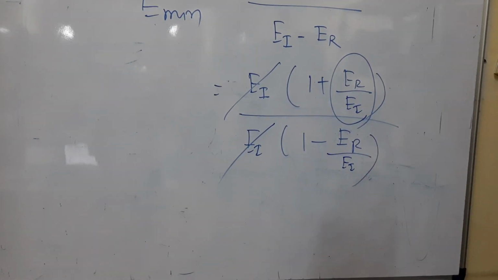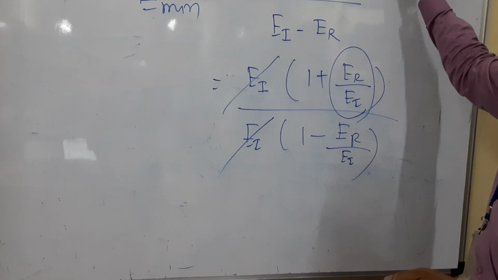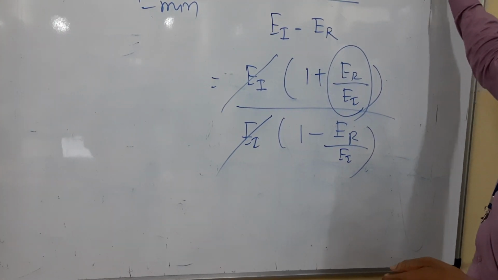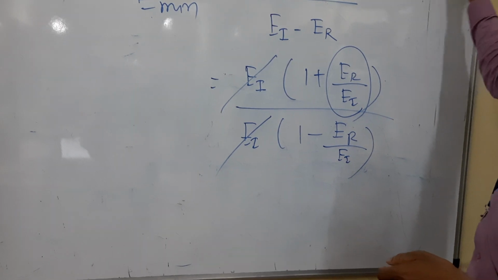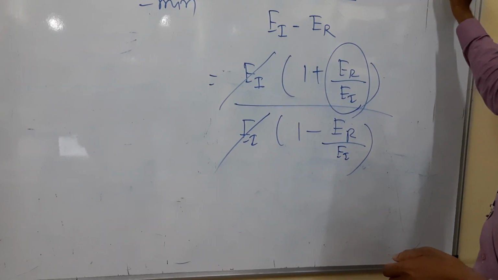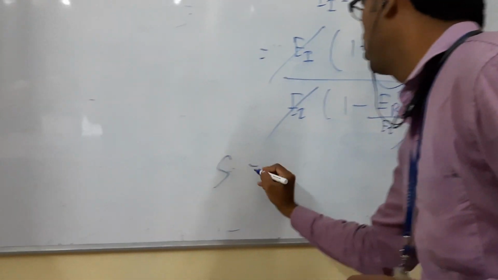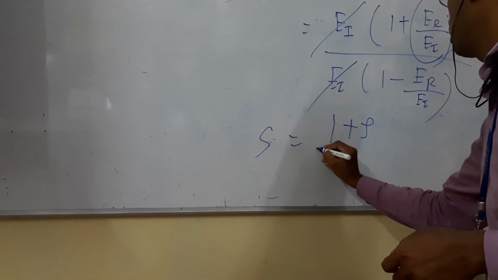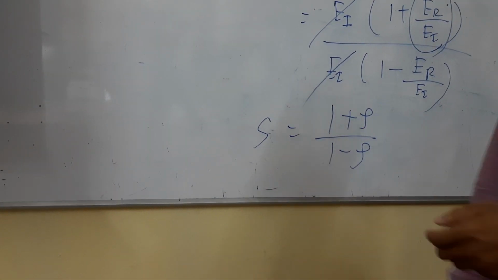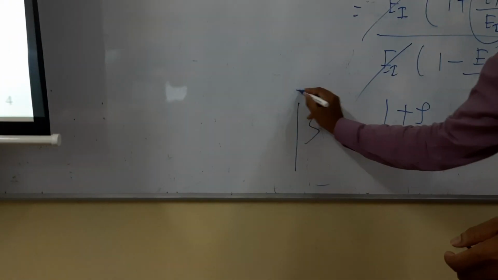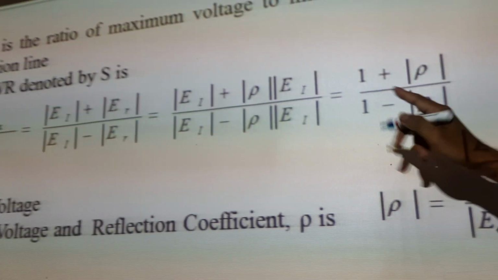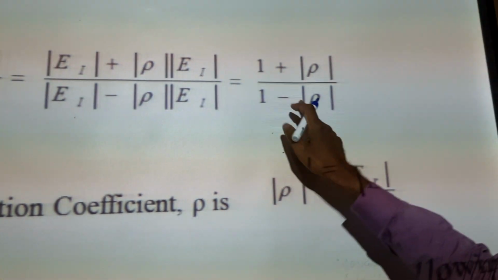This is nothing but the reflection coefficient I have defined, that is reflected wave by incident wave. So this is nothing but rho. So S is equal to 1 plus rho by 1 minus rho.